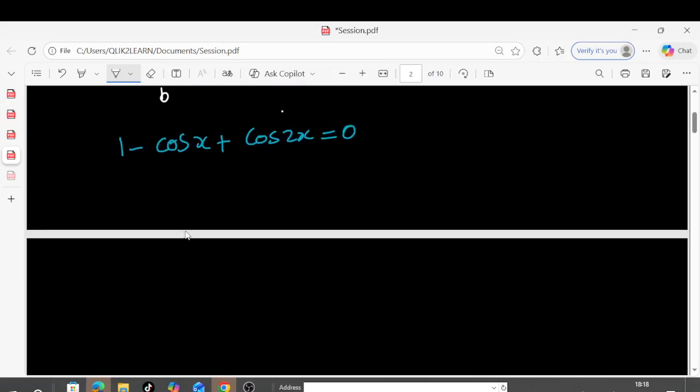Now, when we solve this, remember I said, what do we see before the cos 2x? We see cos. So the identity that we substitute is the one that has only cos.